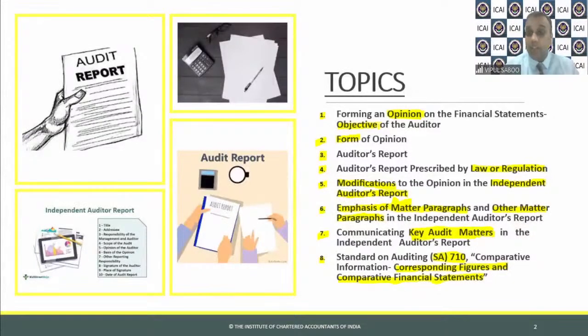Now, in the next two sessions, we'll be doing the format, the layout of the audit report, and how you bring in the various forms of opinion in the audit report, the key audit matters, and SA 710. So today we'll be covering only the basics, some terms, and we'll be just laying the foundation for this chapter.